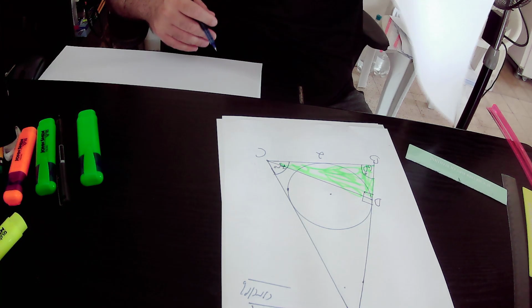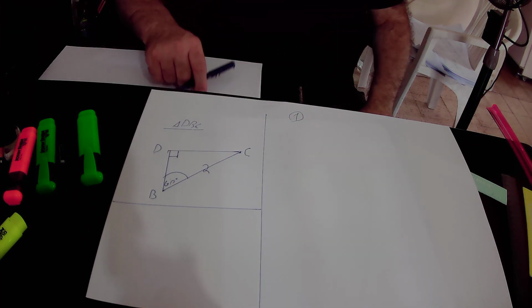So this is the right triangle DBC that I copied from the original drawing.